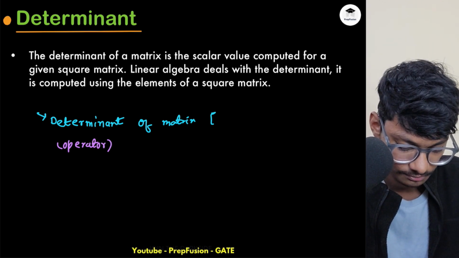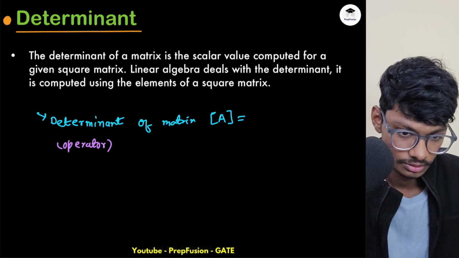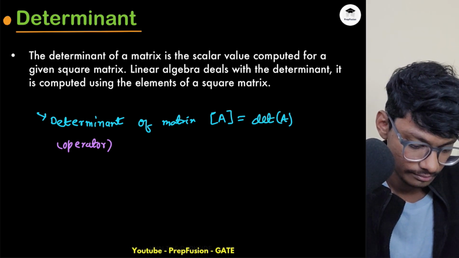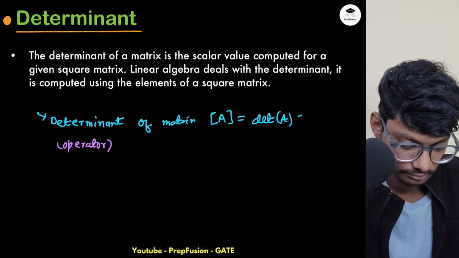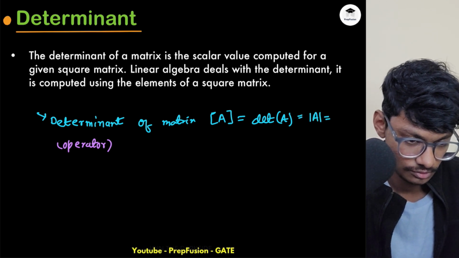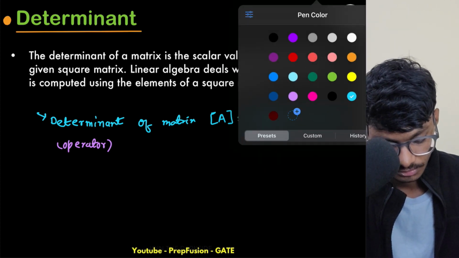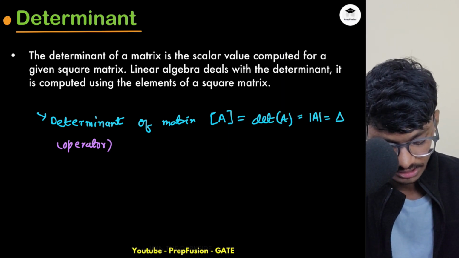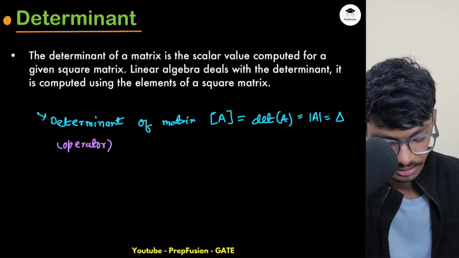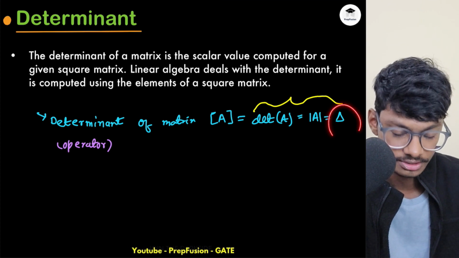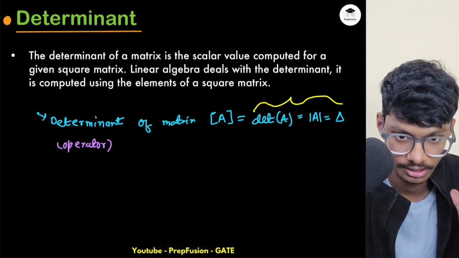If A is the matrix, then the determinant of A is written as det(A), or equals delta. These are the signs through which you can understand that they are talking about the determinant of the matrix A. Delta is also written over here, so they can represent the determinant as delta also.